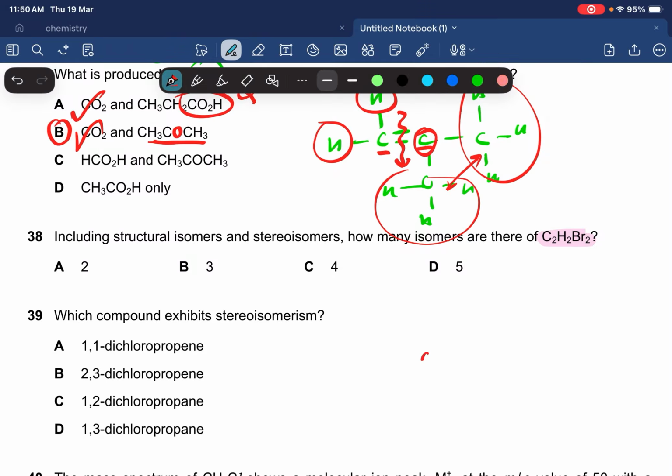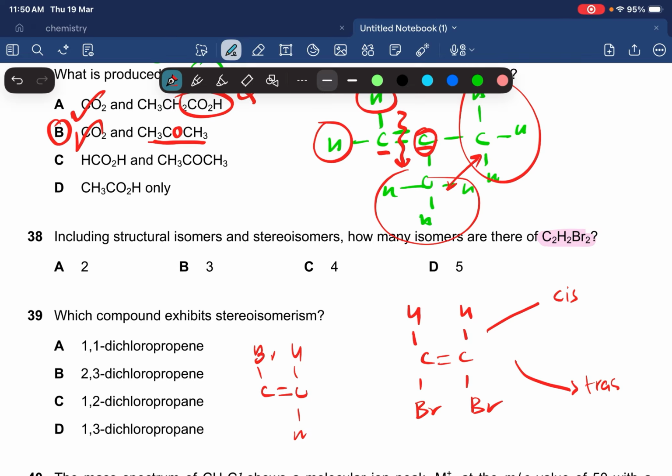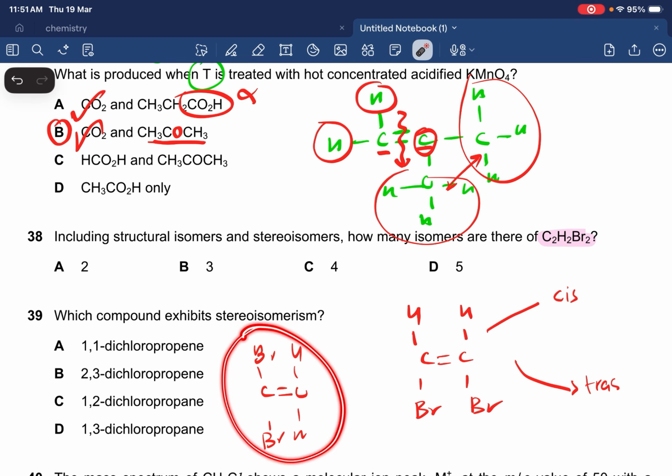Including structural isomerism and stereoisomerism, how many isomers are there for C2H2Br2? This is first going to form 1 cis and 1 trans. And if we do H, H, Br, Br on the same carbon, then no cis, no trans, because that carbon is attached to 2 bromines.